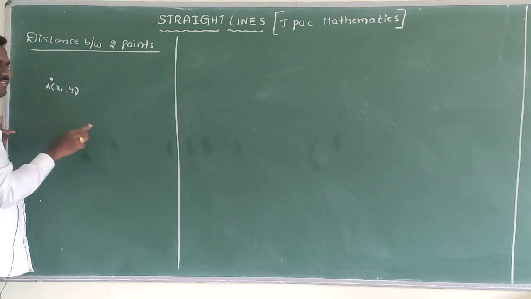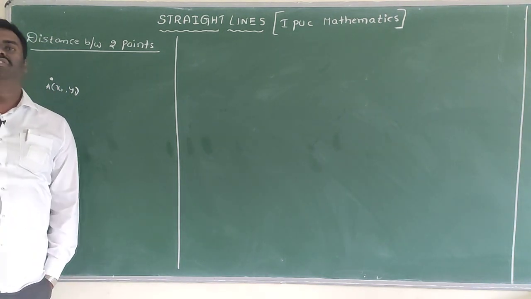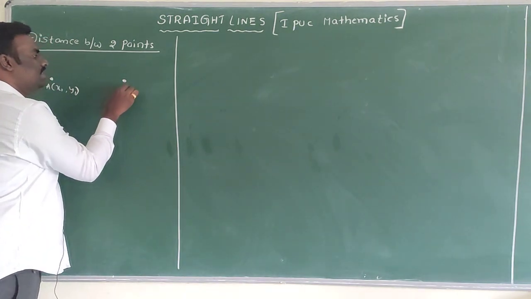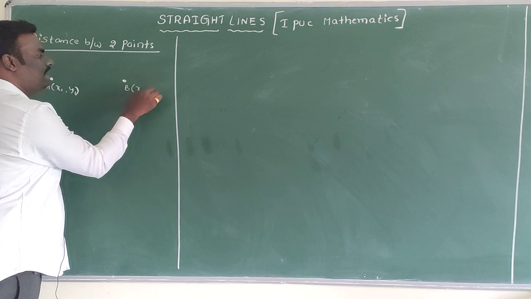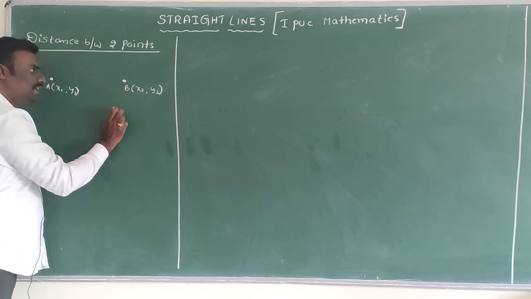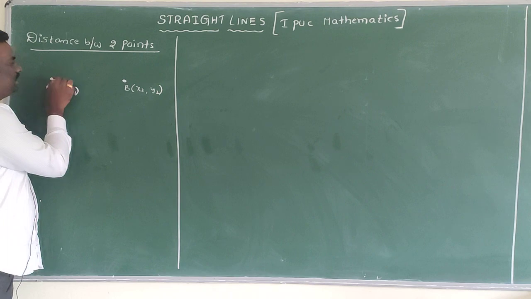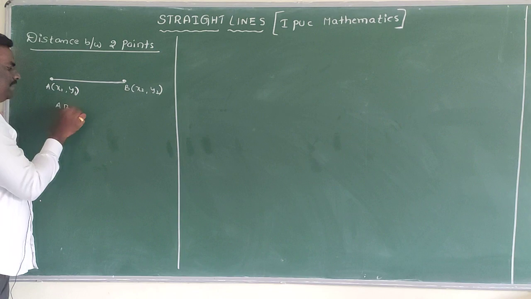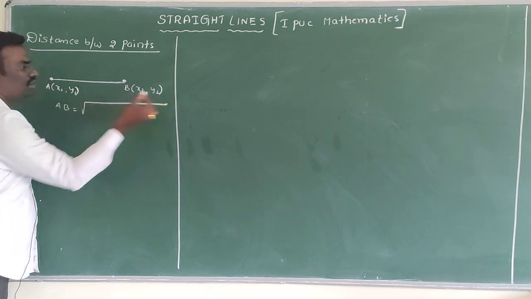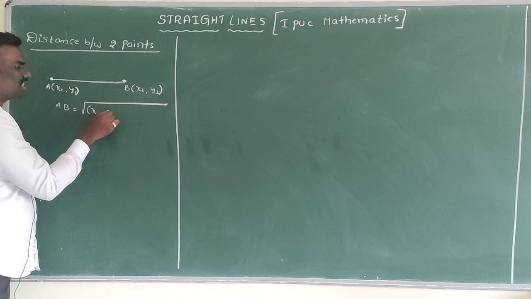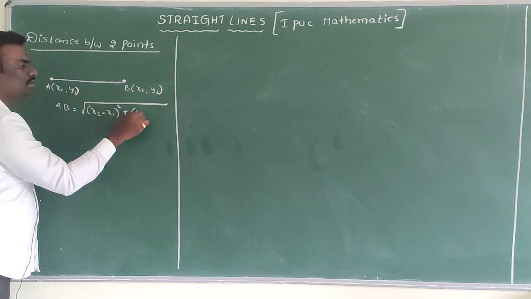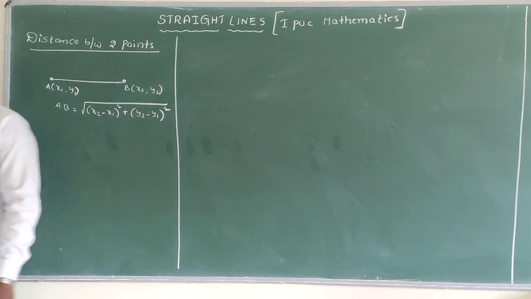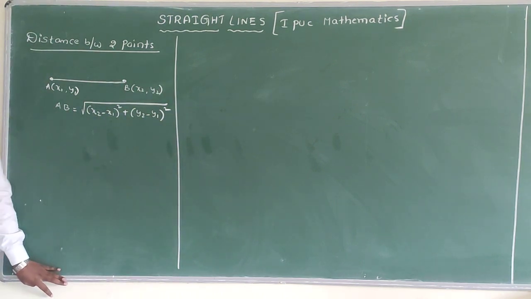So this x1 comma y1 are nothing but coordinates of the point capital A. Here one more point is there, that is capital B, x2 comma y2. We need to find the distance between these two points A and B. So the formula for distance AB is square root of (x2 minus x1) whole square plus (y2 minus y1) whole square. So this is the formula for distance between two points.